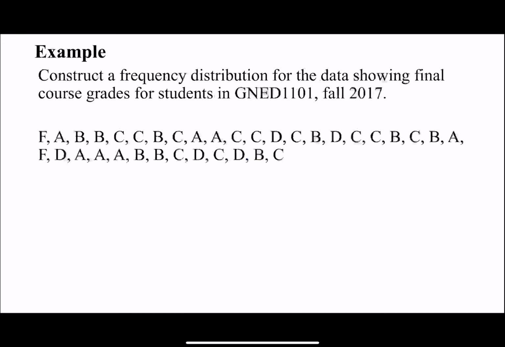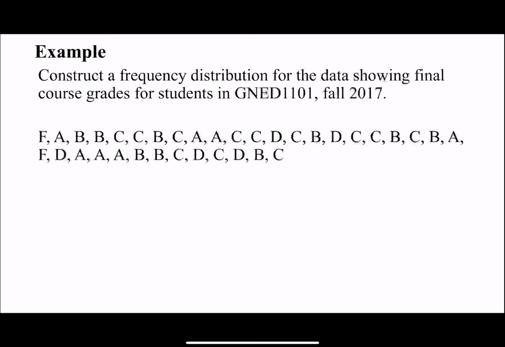For example, look at this. These are just made up numbers, okay? So let's say this data shows final score grades for students in Gen Ed 1101 in fall 2017. As I said, just made up data.